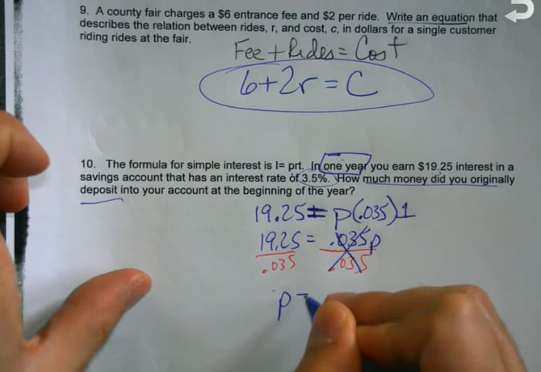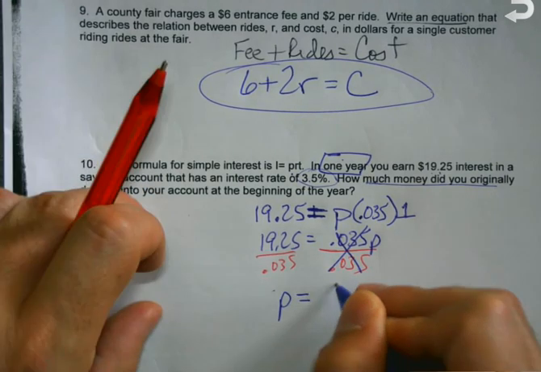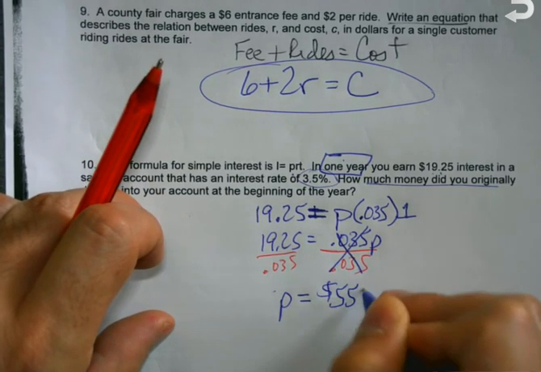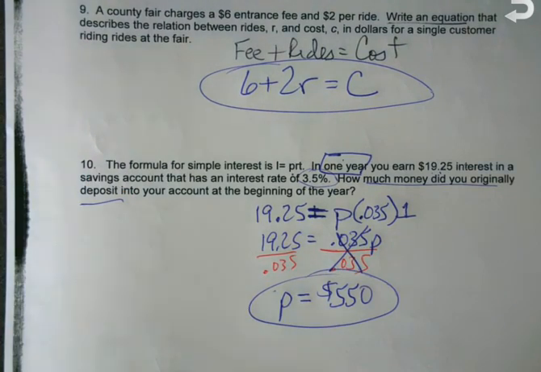And my P, I remember, no, I don't remember, 550, yes. Means I had $550 in the account at the start of the year to earn that much interest at that rate. Okay. Quiz tomorrow, basically, is going to look like this. Of course, the numbers are going to be different, stuff like that. But otherwise, same thing. Okay?